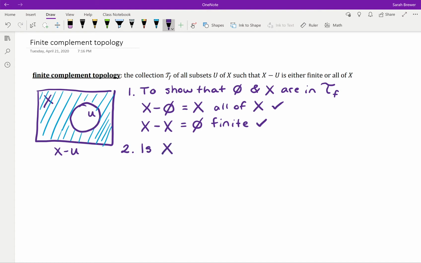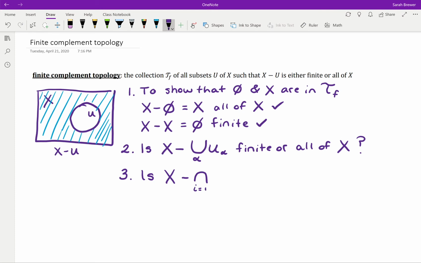So we need the complement of arbitrary unions of U to be finite or all of X, and we need our finite intersections to have their complements be finite or all of X. So those are the last two criteria that we need to check, right?